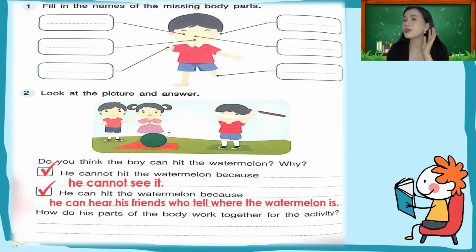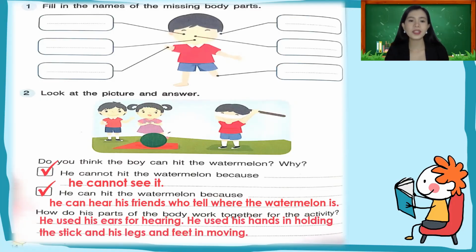Also, he used his ears to listen to his friends. And of course, his feet and legs to move. Okay? So again, he used his ears for hearing, he used his hands in holding the stick, and legs and feet in moving. So I think you can do this alone. That's the end of our discussion.